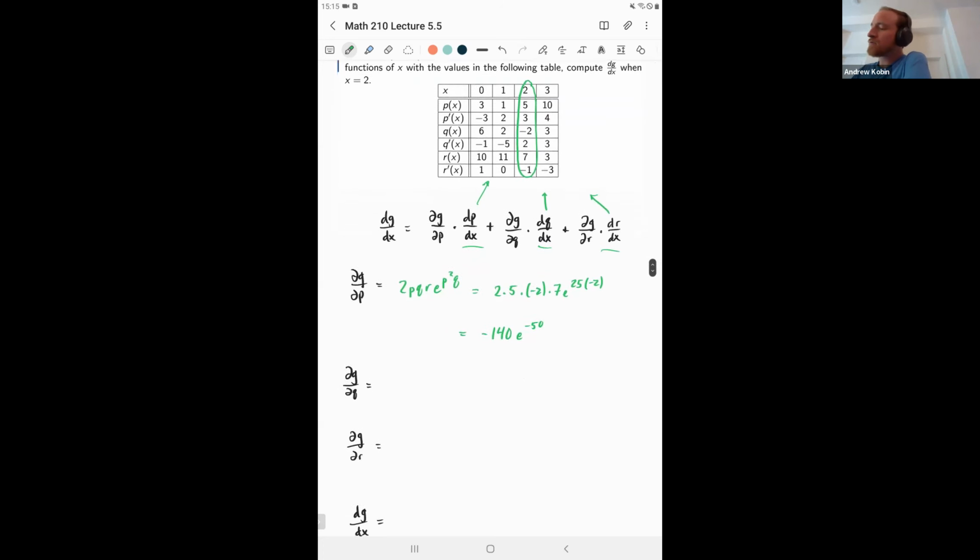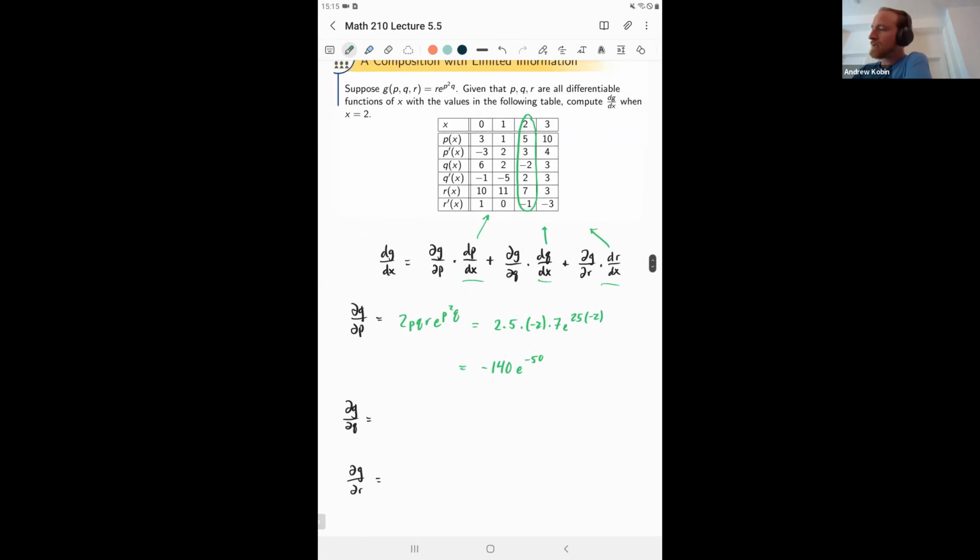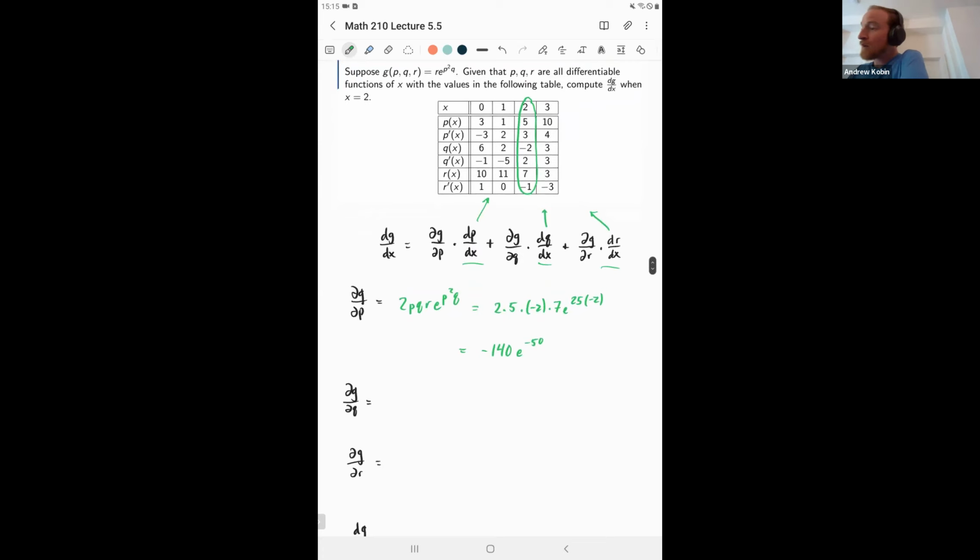All right, let's keep cranking. So the partial derivative of g with respect to q, I need that g formula again. Now q is the variable. It only shows up in the exponent of e. And r and p squared are both constants. So the chain rule derivative again says that p squared comes out times the r downstairs, e raised to the p squared q.